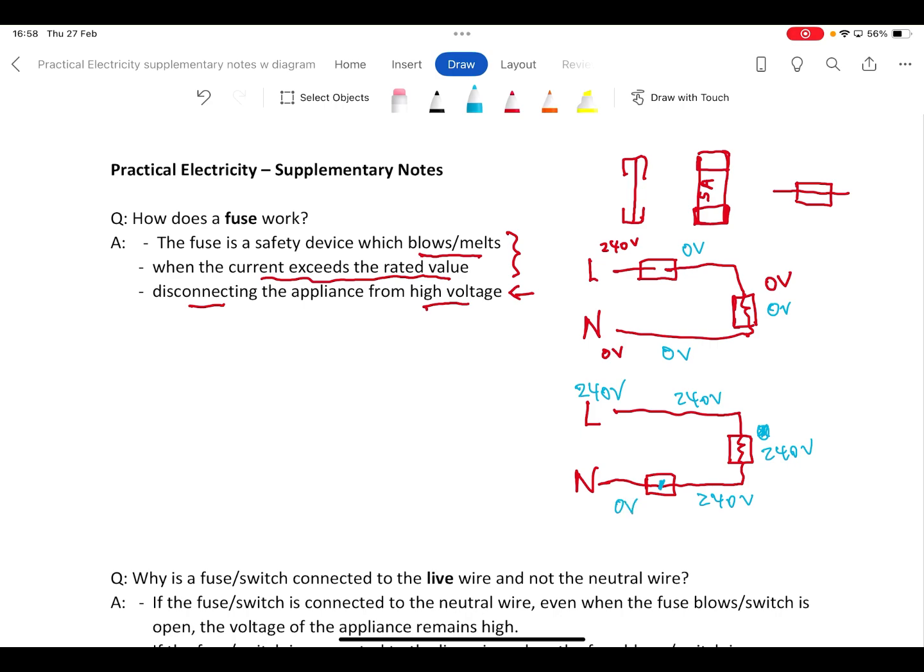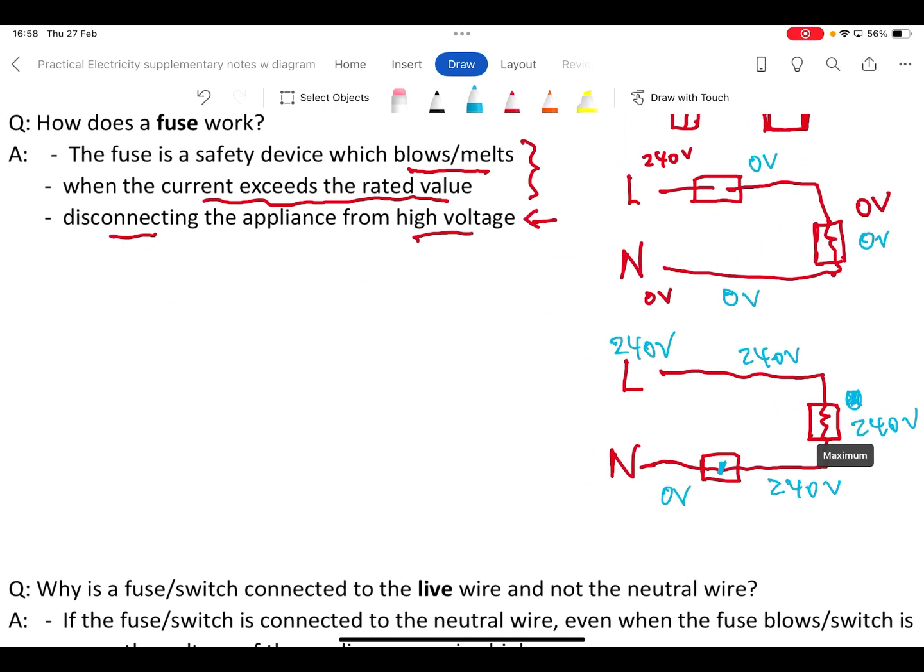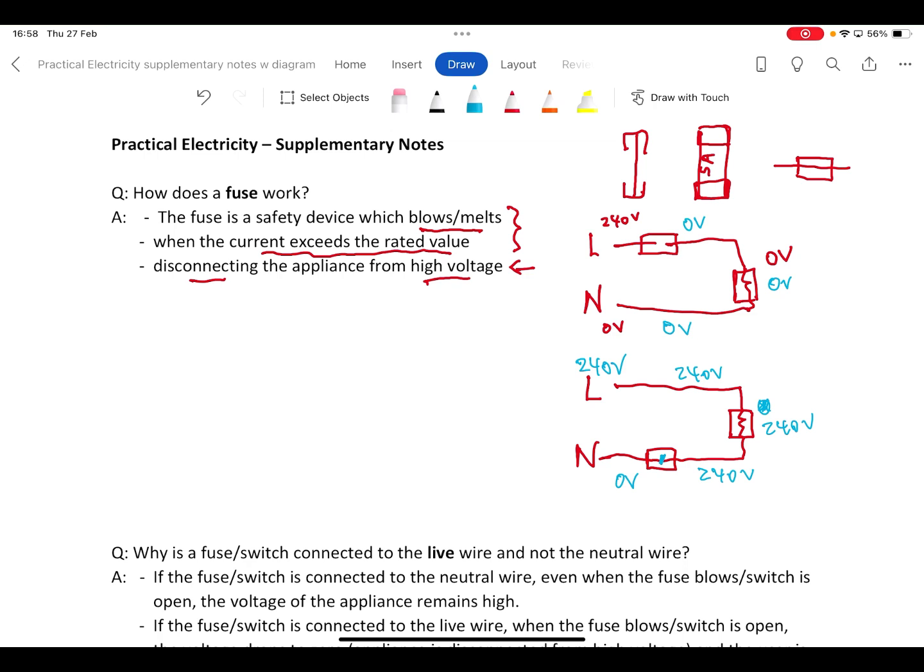So in other words, if you explain this in terms of voltage, you have to make sure that the fuse is as early as possible in the circuit, in the live wire. That means after the live wire, when the fuse blows, everything will be disconnected from the high voltage. It will be at 0 volts.